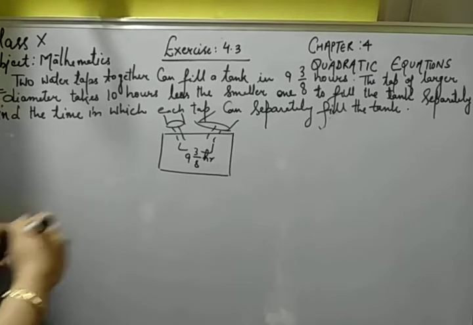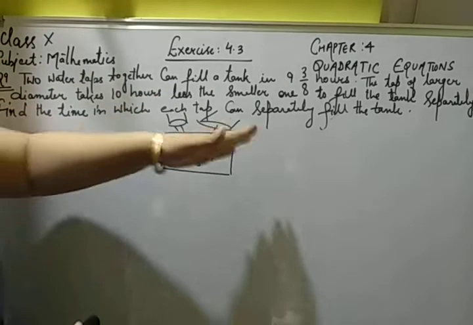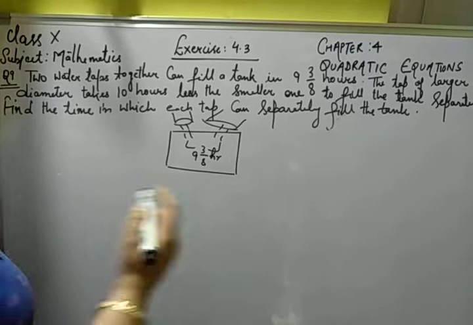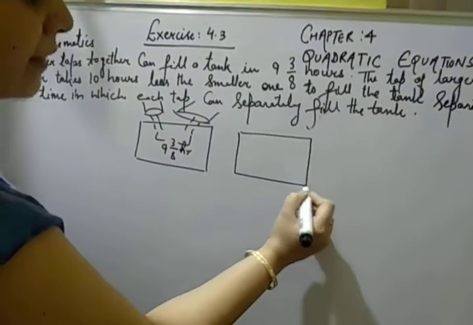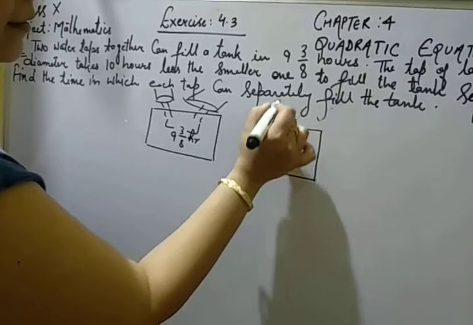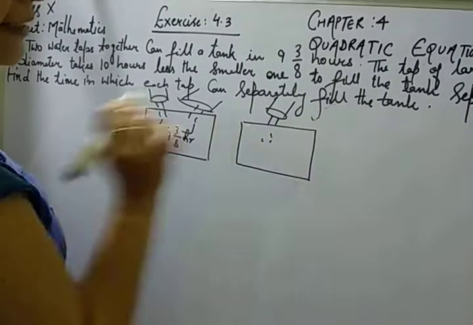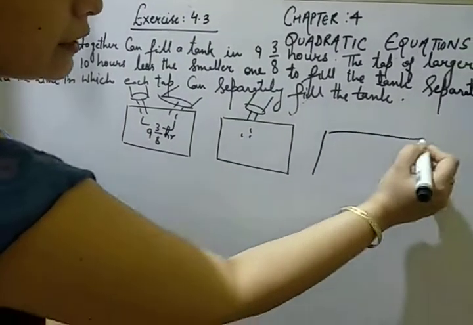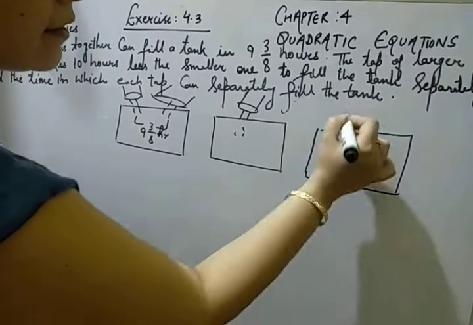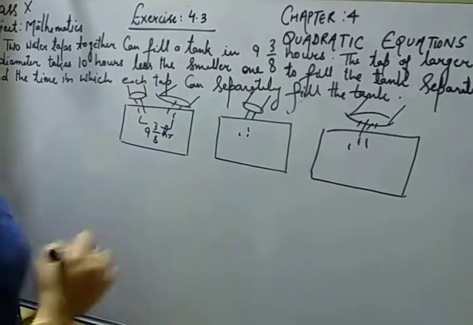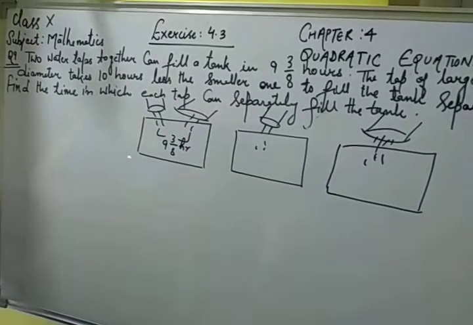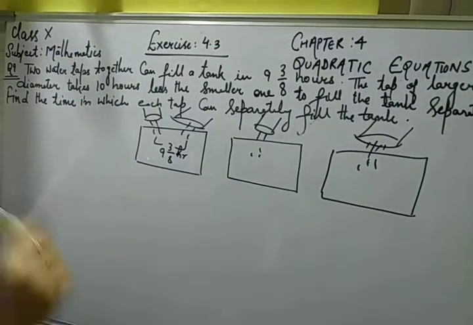But we have to find the time in which each tap can separately fill the tank. Again, the same tank is there and the smaller one is filling the tank separately. Again, the same tank and the tap with the larger diameter is filling the tank separately. We have to find the time taken by each tap separately.